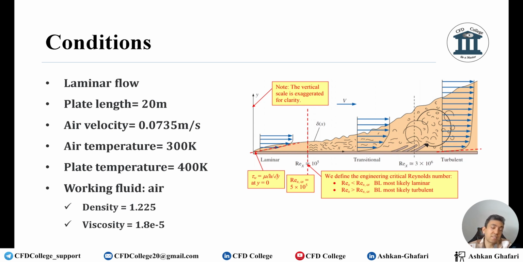In external flow, we can use some turbulators to make the laminar or transitional length shorter, to speed up the transition from laminar to turbulent, but we always have the laminar region and the transitional region. So we neglect that and we consider that we have turbulent flow over the plate to simulate the project.